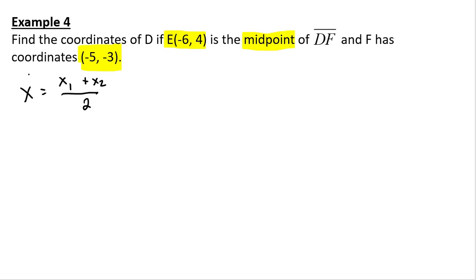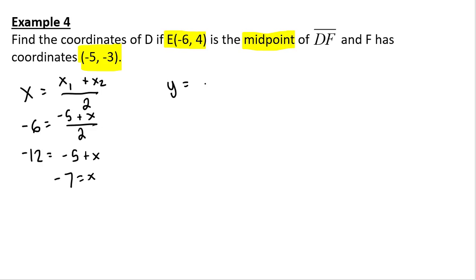Now this is my midpoint, E, so negative 6 is the midpoint of my x coordinate. F is one of my endpoints. I don't know the other point. Divide by 2. Multiply the 2 over. Add the 5 over. We get negative 7.